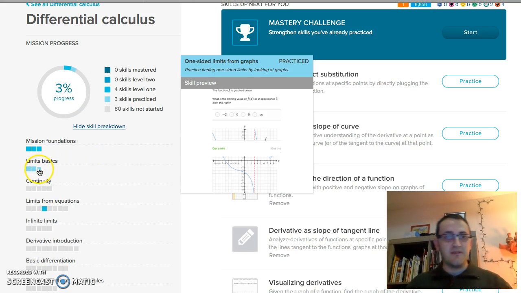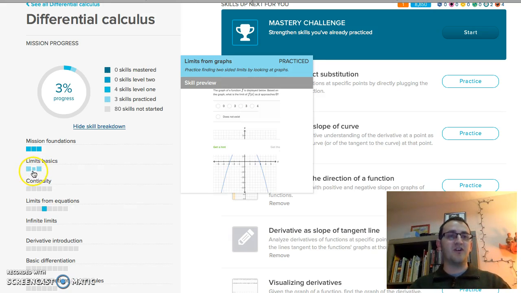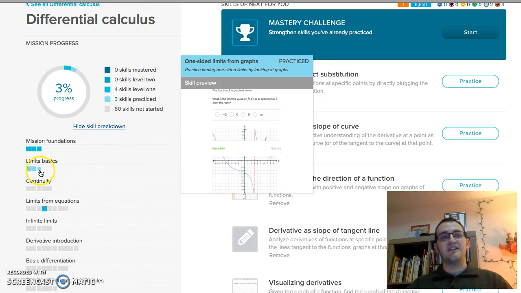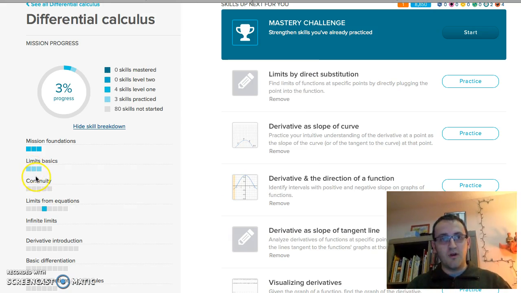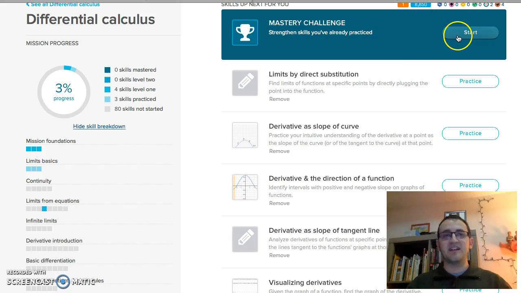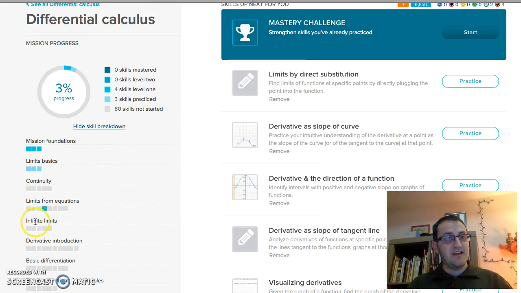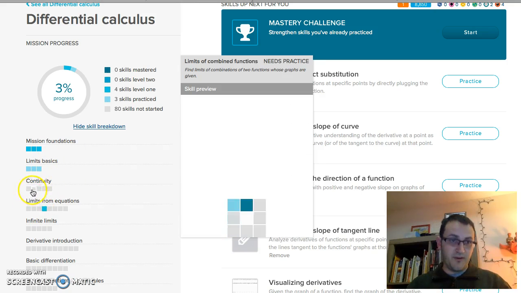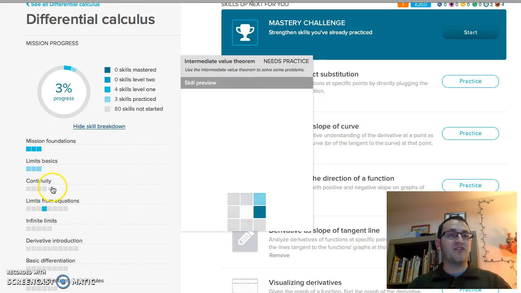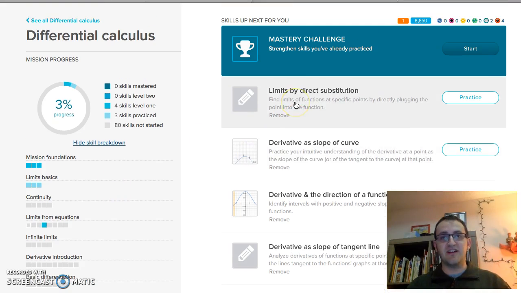And then on the limit basics, I was starting to practice those, but I didn't take the final mastery assessment yet, so I was only a level 1 or a level 2 on those. That means that I need to continue practicing on that until I take the mastery assessment on it. And then there are the blank boxes, which indicate skills that were not started.